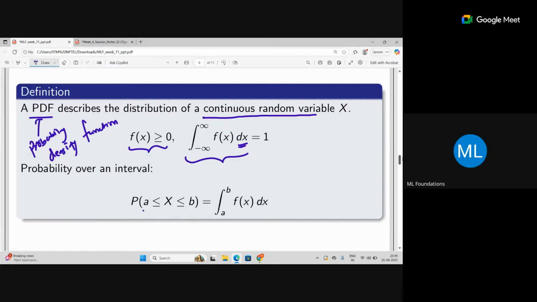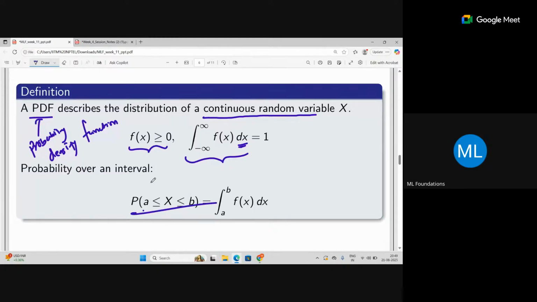But you just think about it as the probability at one point in a continuous random variable is equal to 0, right? But if we think about it over a shorter interval, it should be greater than or equal to 0. That is fine. Now, what is this?